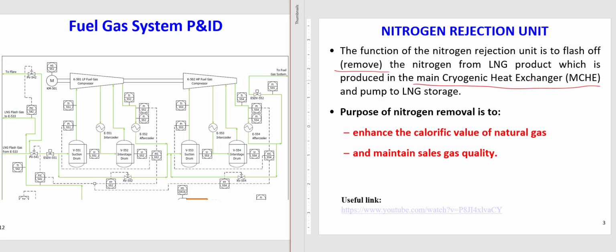Once the LNG product, which is majority methane, comes out of the MCHE, before it is pumped to LNG storage, it goes to a nitrogen rejection unit where the nitrogen will be removed, and then it will be sent to the LNG storage tanks.